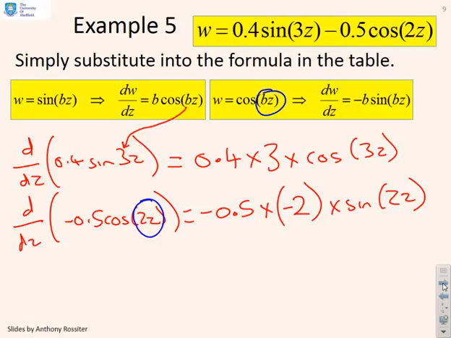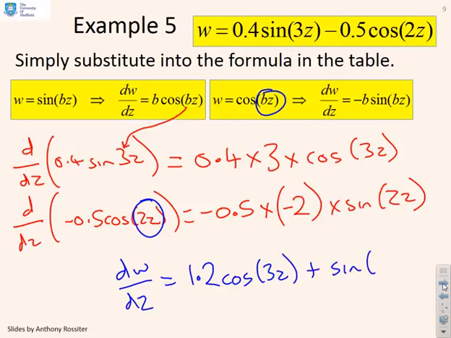So now if I add those two results together, I get dw/dz equals 1.2 cos of 3z and then plus sine of 2z.